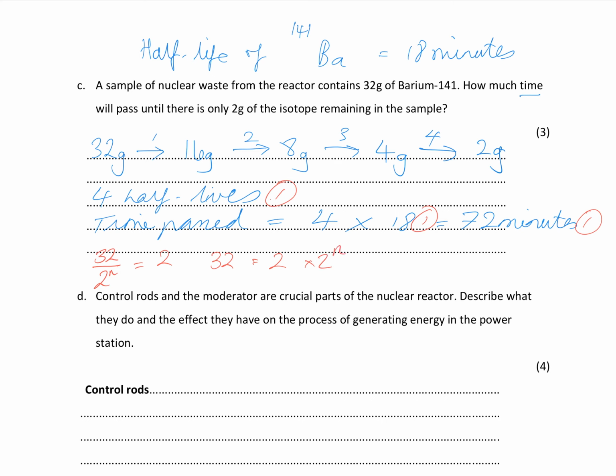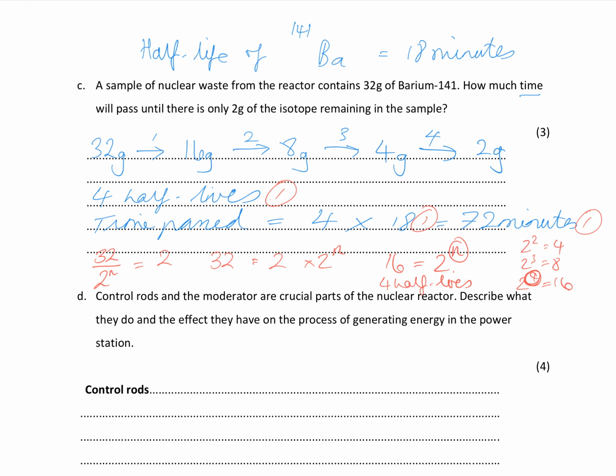You could also make it 2^(n+1), but that's confusing. So 32 divided by 2 is 16, which is equal to 2^n. To get 16, what do you have to raise 2 to the power of? 2 to the power of 2 is 4, 2 to the power of 3 is 8, and 2 to the power of 4 is 16. So n, which is the number of half-lives, is equal to 4. Then you can go straight back to this point here and do this bit again. Okay?